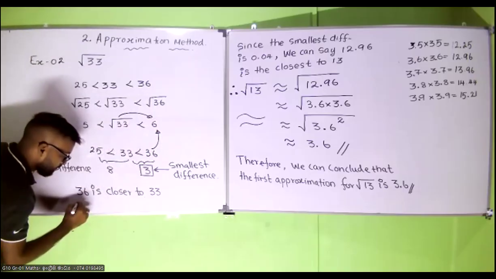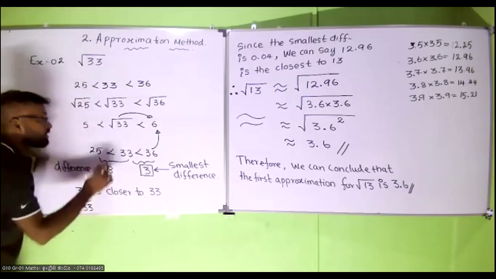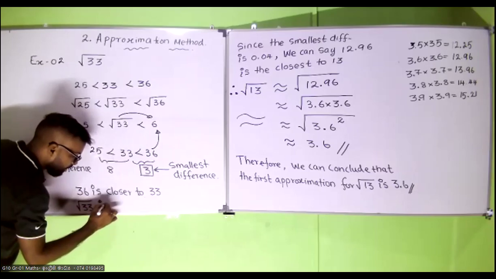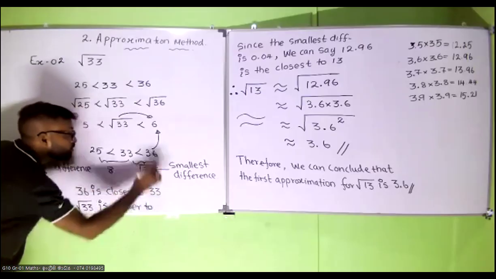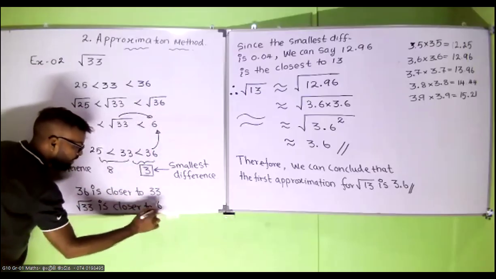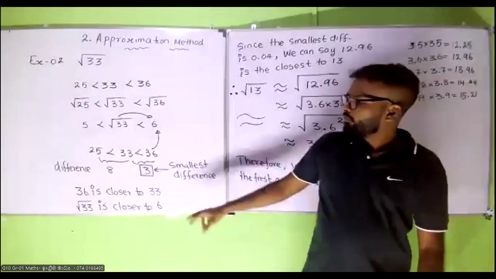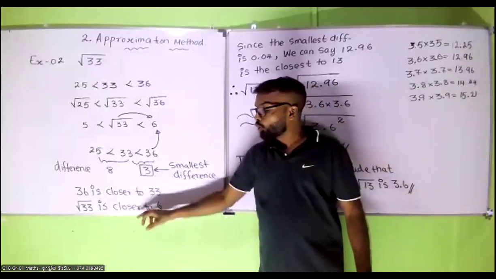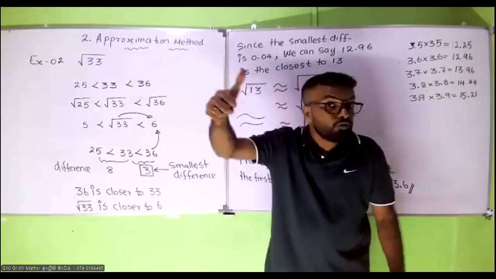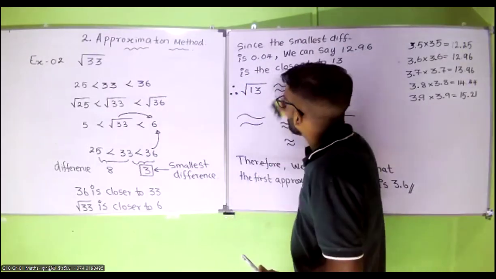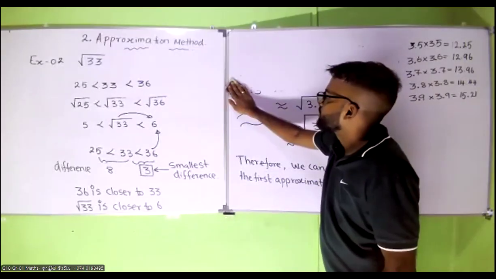The square root of 33 is closer to the value 6. If the square root of 33 is closer to 6, what is the first decimal place value that you can take as the first approximation?